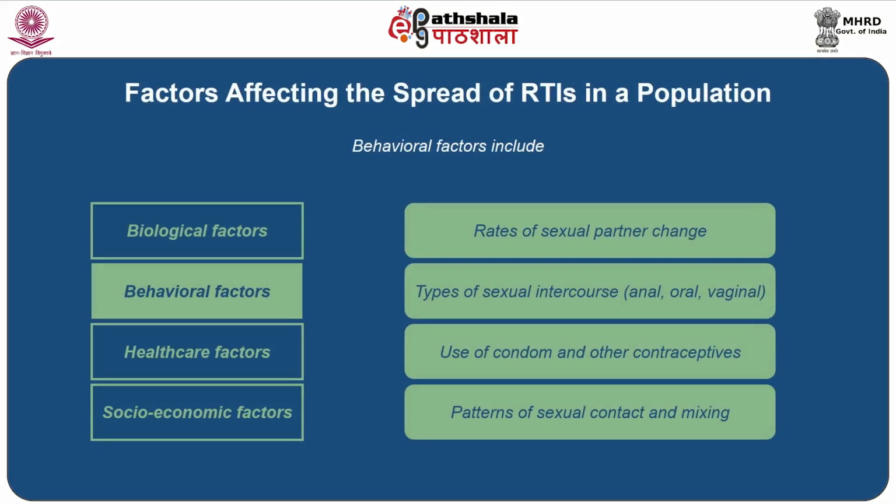There are various behavioral factors which also play a role in the spread of RTIs in a population, which include rate of sexual partner change, type of sexual intercourse, anal, oral or vaginal, use of condoms and other contraceptives, patterns of sexual contact and mixing.